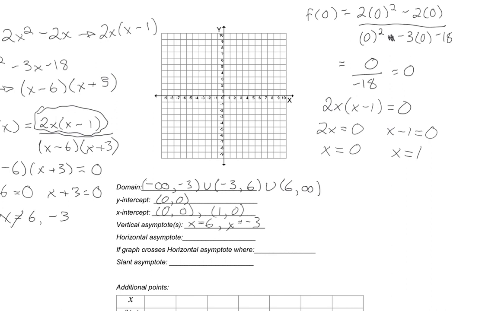Next, we need to look at our horizontal asymptote. We get this by examining what our function goes to as x goes to positive or negative infinity. Looking at that, we see that with our function, we have a 2x squared on top and an x squared on bottom. And as our x gets bigger and bigger, whether it's getting more negative or more positive, those x squared terms are going to have the most impact.